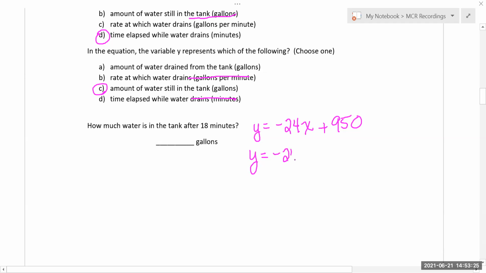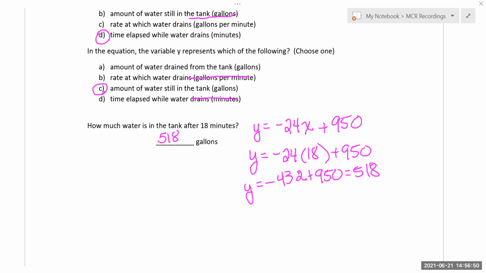And we want to know how much is in the tank after 18 minutes. So we're going to do a straight calculation there. That gives me negative 432 plus 950 equals 518. So there will be 518 gallons left in the tank after 18 minutes.